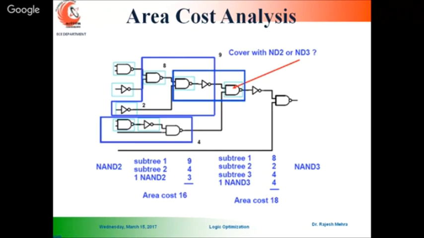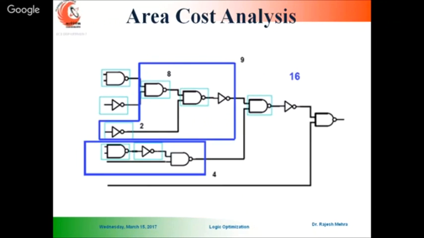But after using these 3 subtrees also, we are not able to get the minimum cost. Minimum cost is still 16. So we will keep that 16, and we are not going to replace it with 18, right? Up to here it is 16.